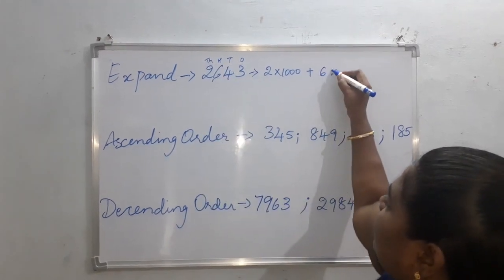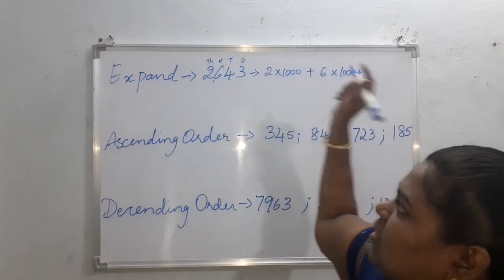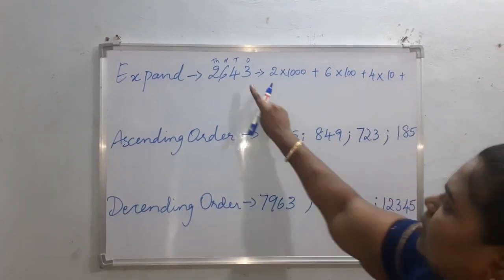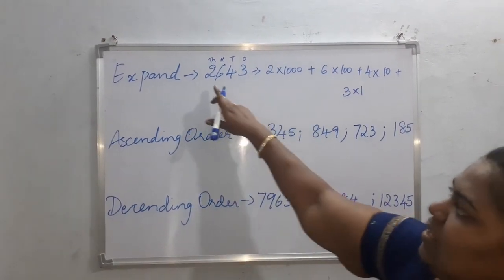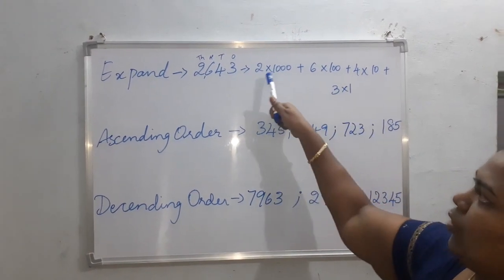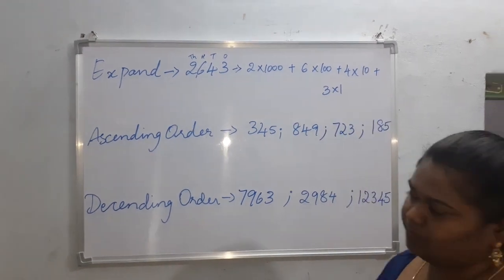So 6 into 100 plus 4 is in tens place. So 4 into 10 plus 3 is in ones place, 3 into 1. So basically you are expanding this number into these place values. So 2 into 1000, 6 into 100, 4 into 10 and 3 into 1.